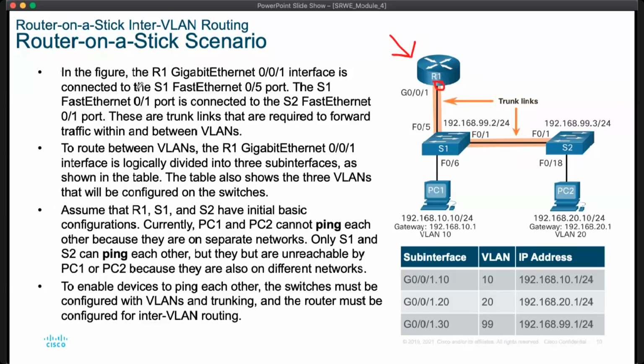is connected to the S1 FastEthernet 0/5 port. The S1 interface 0/1 port is connected to the S2 FastEthernet 0/1 port.